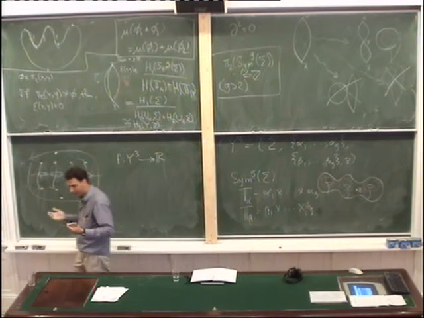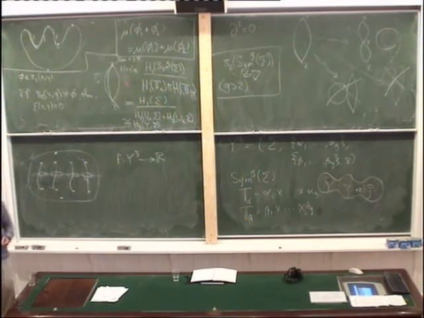And now there's an obstruction to connecting two of those. This obstruction epsilon xy can be thought of as follows.